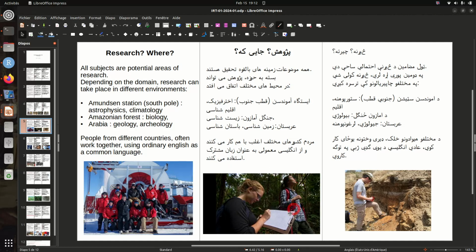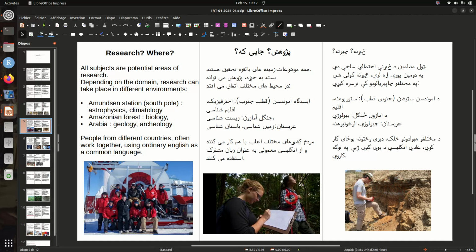Another place that is not necessarily more hospitable is the Amazonian forest, where you will find scientists doing, for instance, biology. They may also study native tribes living in these forests. And if you go in the deserts, whether it's a hot desert like Arabia or a cold desert like in northern Canada, people will be studying geology.